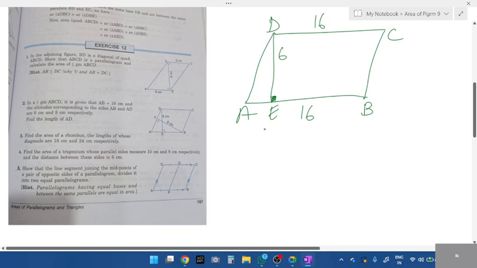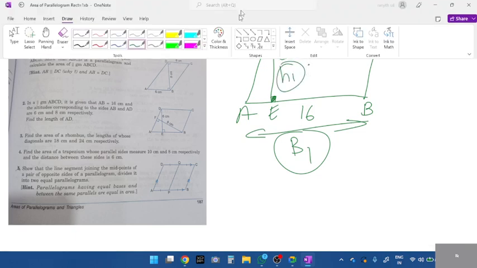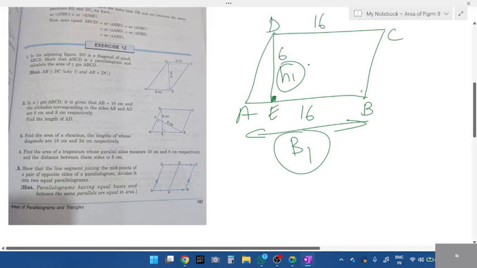So what is AB? Can I take AB as base 1? Then what will be DE? Height 1. Next, tell me what is BF? BF is also a straight line, right? 90 degrees given. What is the BF value? 8 centimeter. BF is touching which base?